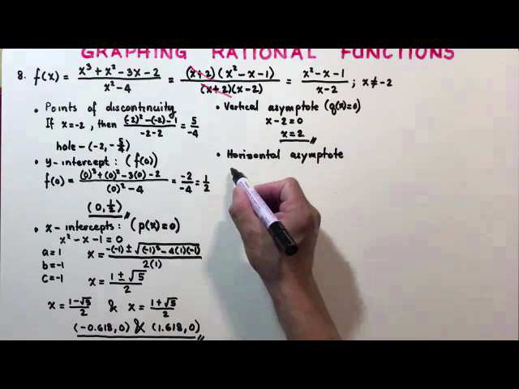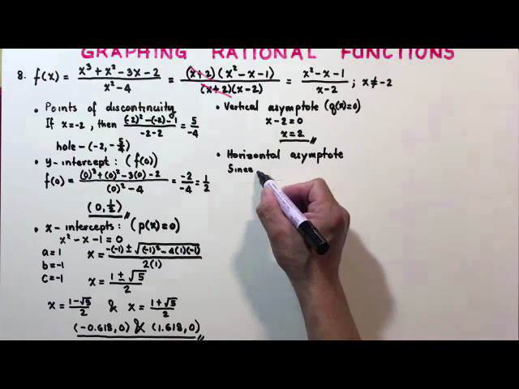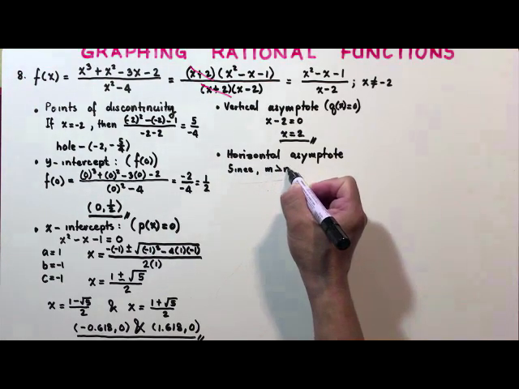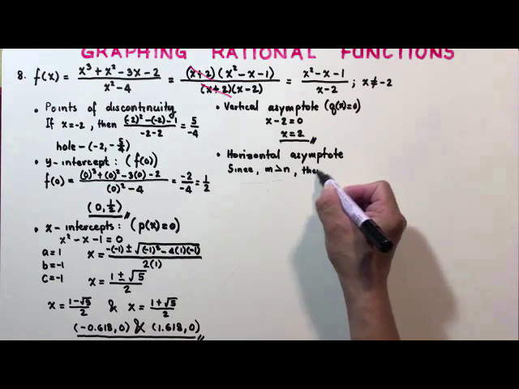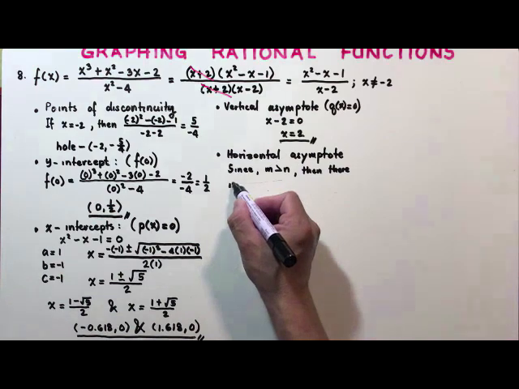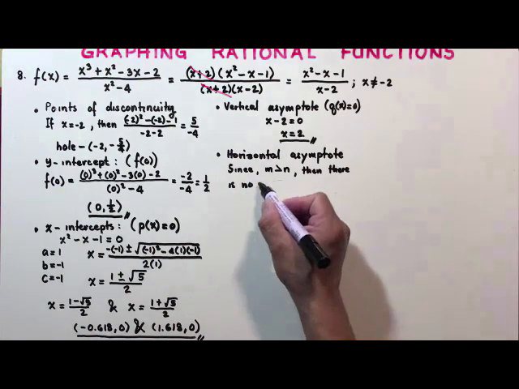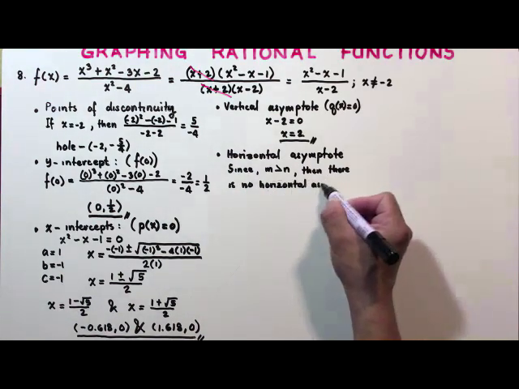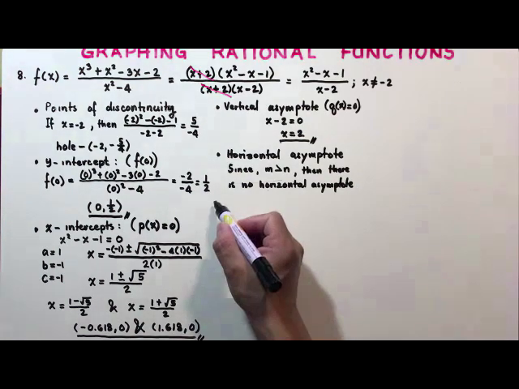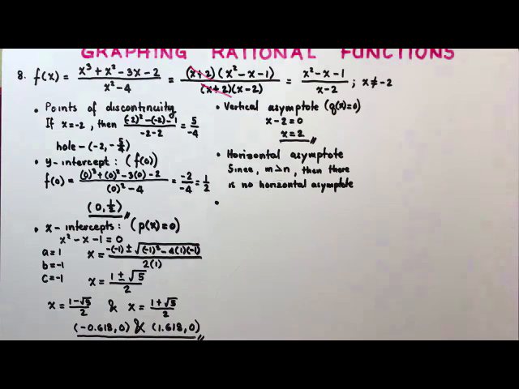So, since the degree of the numerator is greater than the degree of the denominator, then, according to our guidelines, there is no horizontal asymptote in this case.